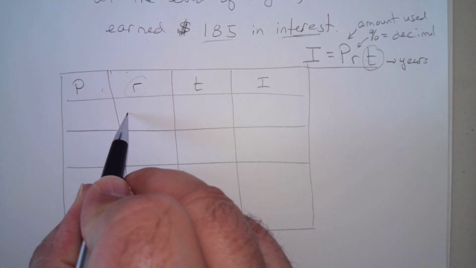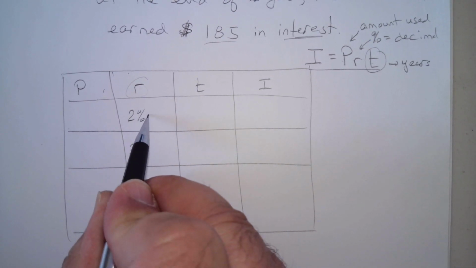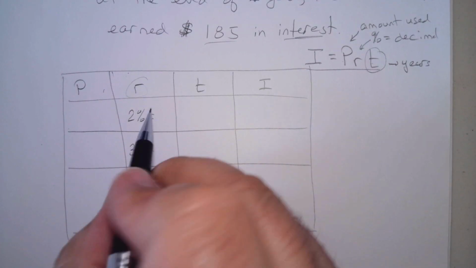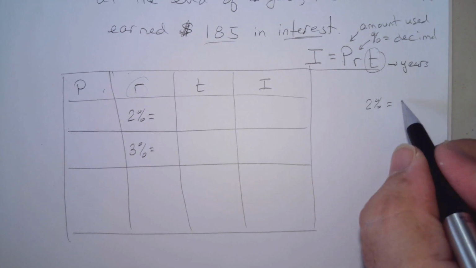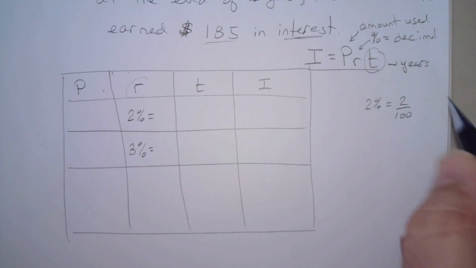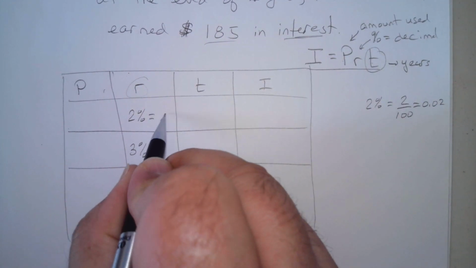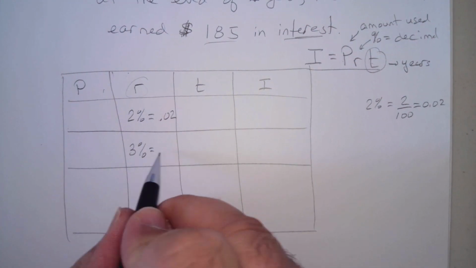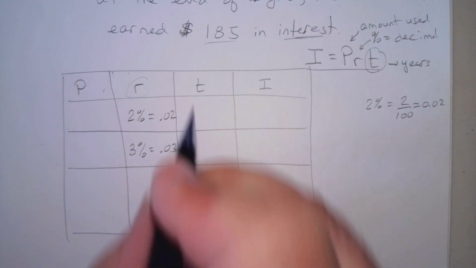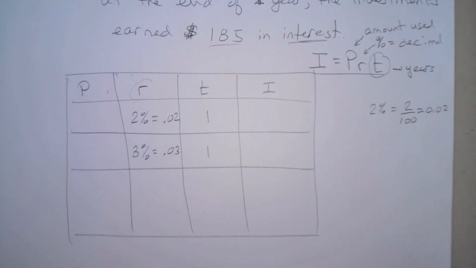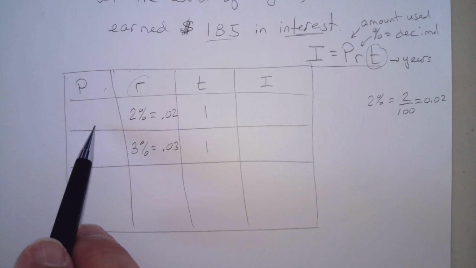So we have at 2% and 3% interest rates. Remember, we have to convert those to decimals. So 2% is the same thing as 2 over 100, which is 0.02. This one is 0.03. The time was 1 year. Now, here's the first problem. How much do we invest in each?